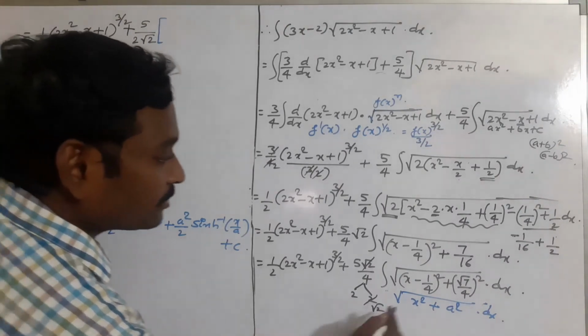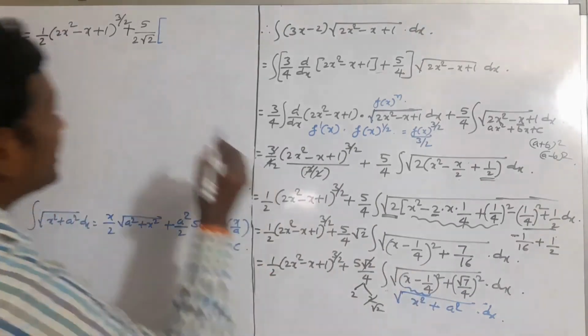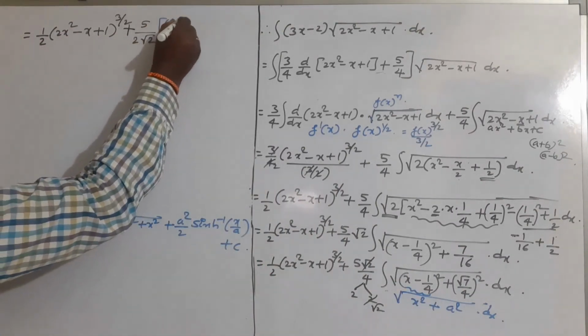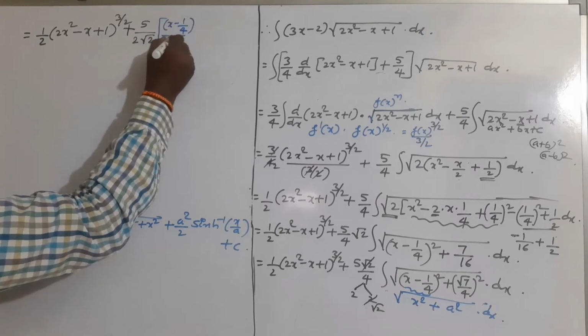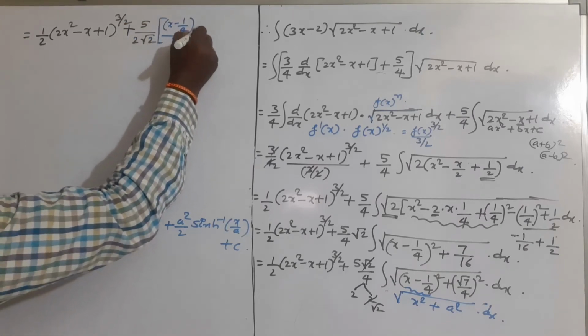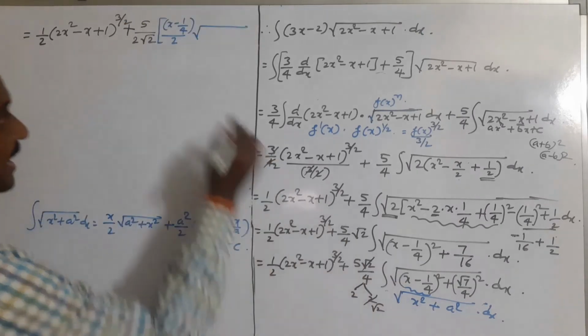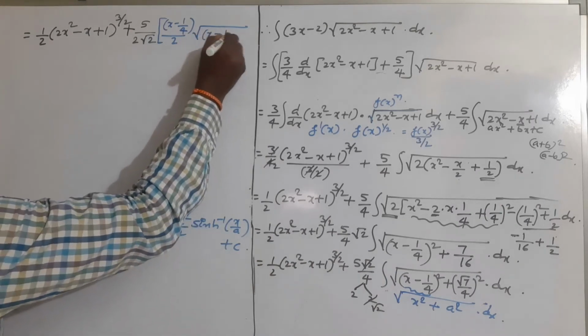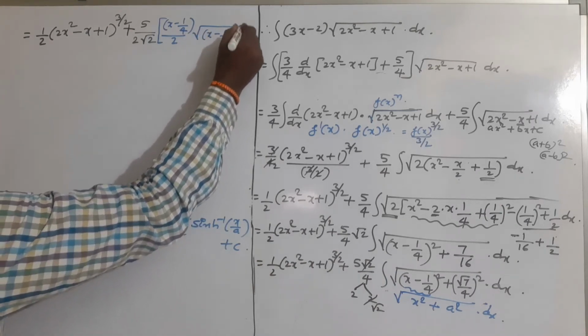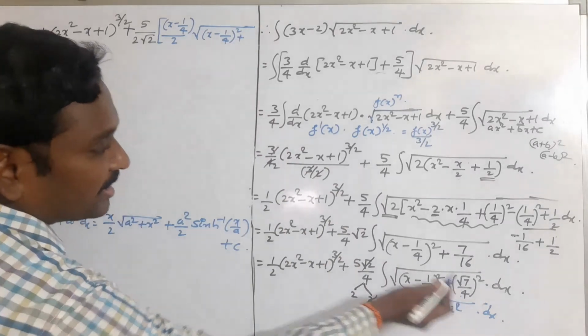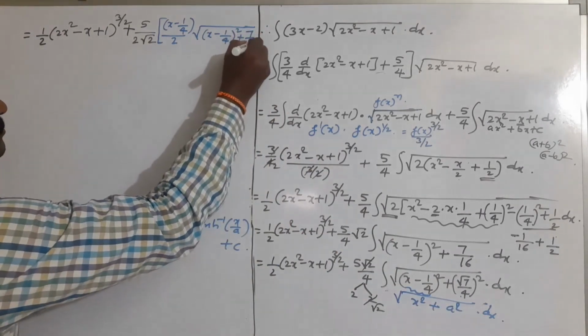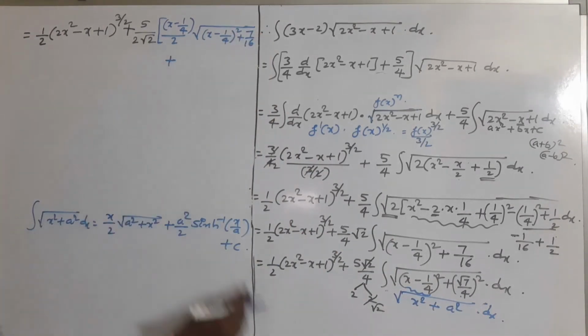First term is x by 2. Here x is nothing but x minus 1 by 4. So (x minus 1 by 4) whole by 2 into root over (x minus 1 by 4) whole square plus, directly you can write 7 by 16, plus a square by 2.